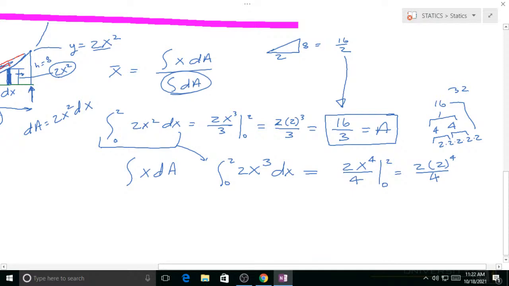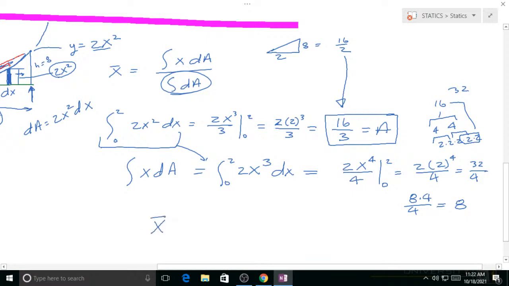Oh, wait a minute. But if I drop off 2 of those, okay, so I could say 32 over 4, or I could say 8 times 4 over 4. So that'd be 8, right? Am I seeing that right?